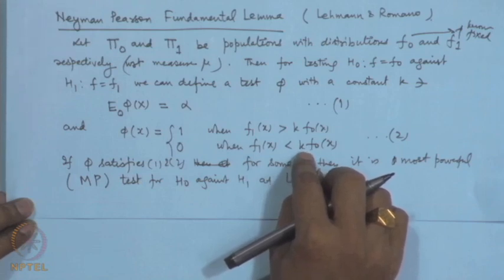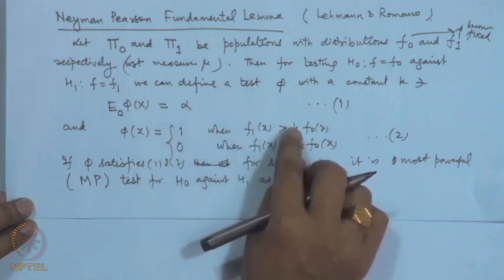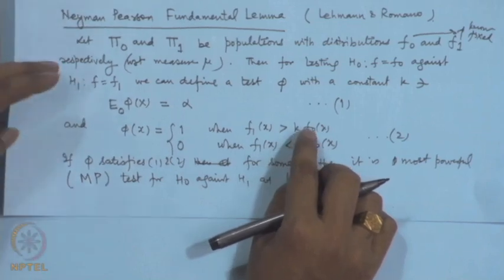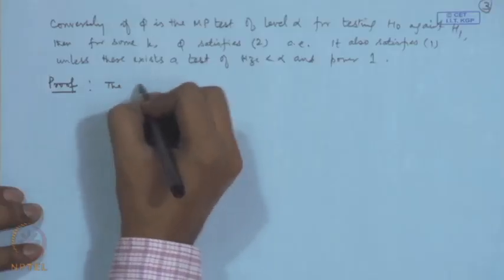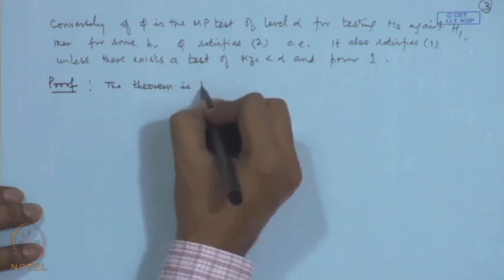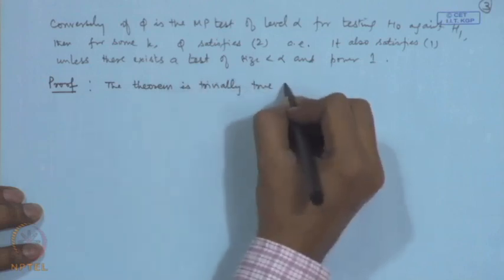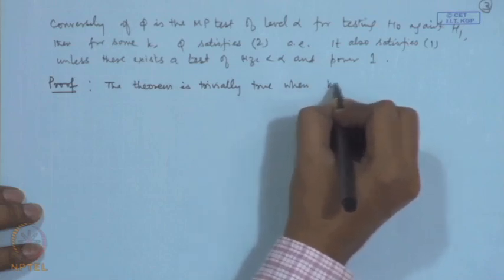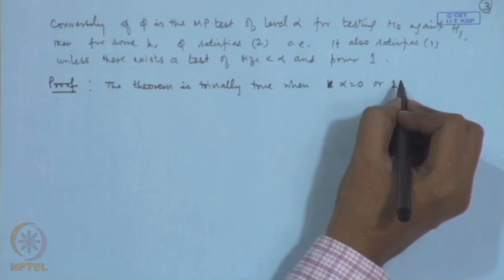If I take alpha is equal to 1, then we should always reject, and then we can take k as equal to 0. Therefore, these two cases are trivially true. The theorem is trivially true when alpha is equal to 0 or 1.